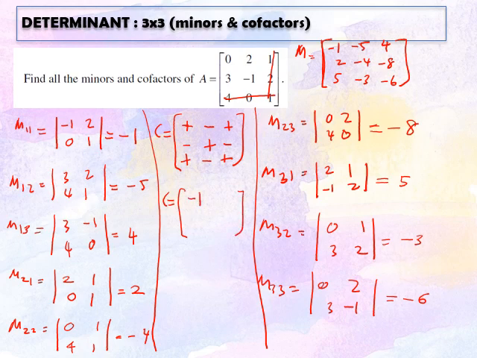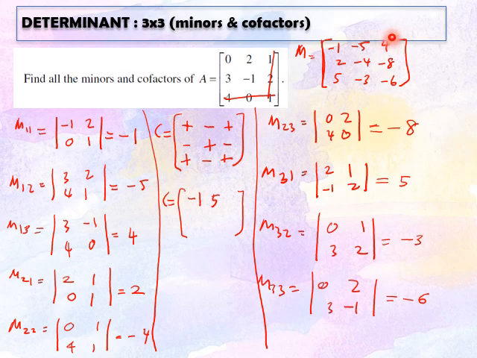Here negative 5, but you see the sign here is negative. So negative times negative 5 will be positive 5. So that's why we have 5 here.